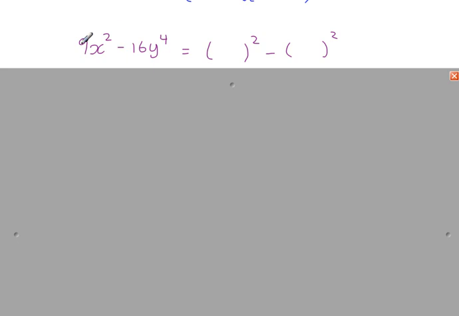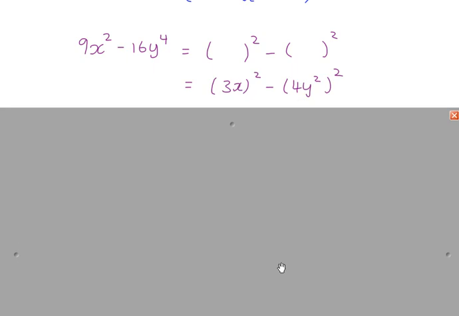So to factorize this expression, I need something in here squared minus something else squared. So that's going to be a 3x. This will be 4y squared, like this. And you can test this if you like. That square goes on the 3 and the x, so you've got 3 squared x squared, 9x squared.